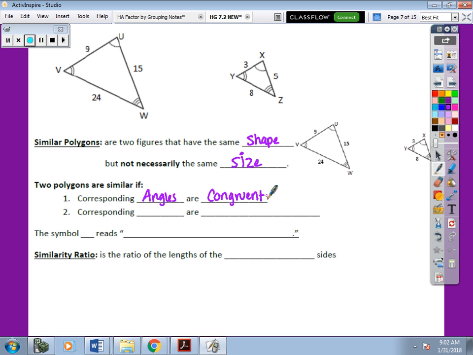What is the relationship between the sides? Maddie? Yes, if you look at it this way, they're divided by 3. 9 divided by 3 is 3. 15 divided by 3 is 5. And 24 divided by 3. If you look at it this way, it's times 3, right? Okay. So these are called proportional.